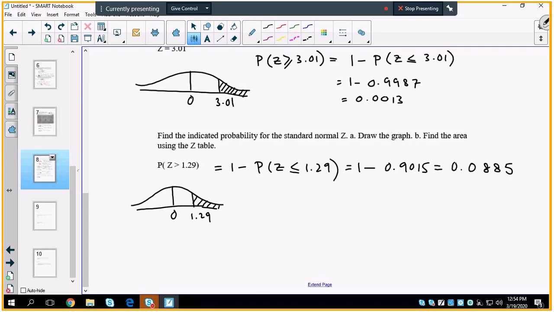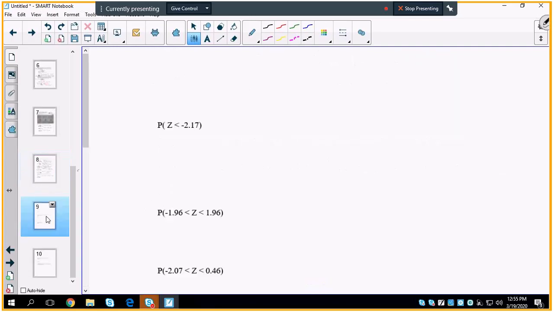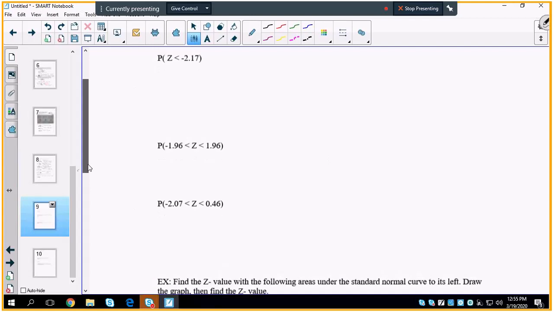Is that right? 5 plus 5 is 10, 8 plus 1 is 9 plus 1 is 10, and then I want, I guess this is going to be 95. Let me check my work one more time. 5 plus 5 is 0, 1 plus 8 is 9 plus 1 is 10, and 1 plus 9 is 10. Yes, so 0.0985 answers your question. We have more. This time you want Z less than negative 2.17.